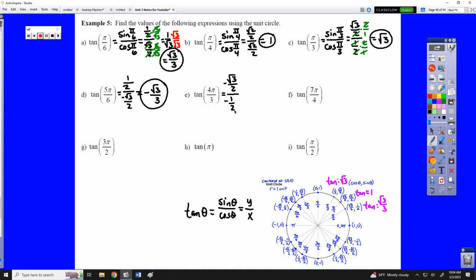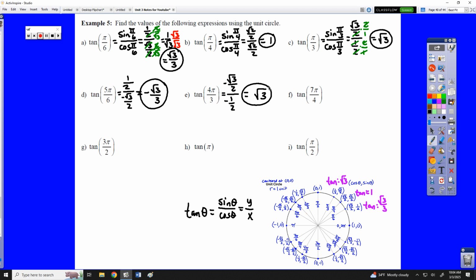Now again, we saw that work earlier in part C. It is a negative divided by a negative, which is a positive, meaning it would also be, just like part C, the positive square root of 3. Again, in quadrant 3, tangent would be positive because it is y divided by x, and in quadrant 3, both y and x would be negative. A negative divided by a negative is always a positive.